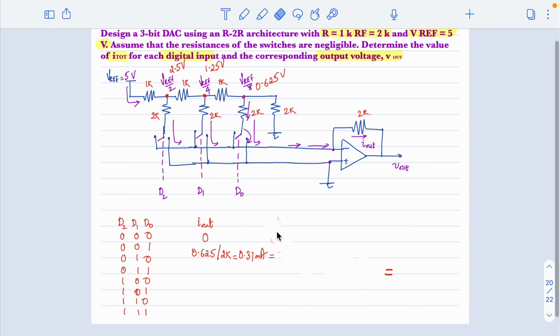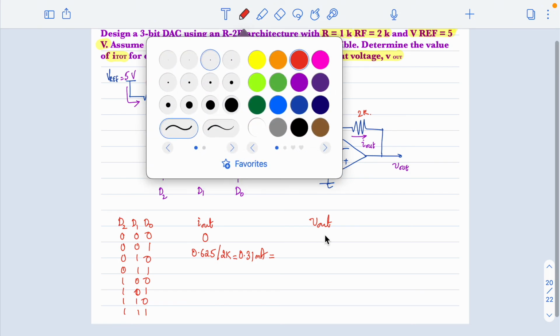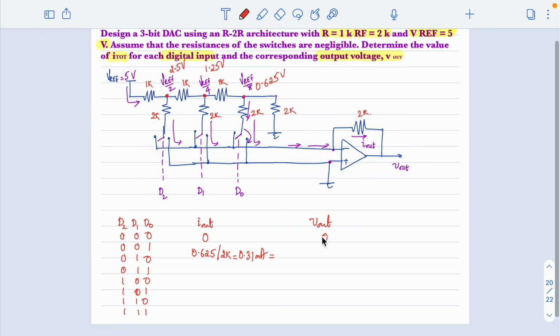It is 0.31 milliamps. Based on that you can write V out. So V out here is minus 0.625 volt.